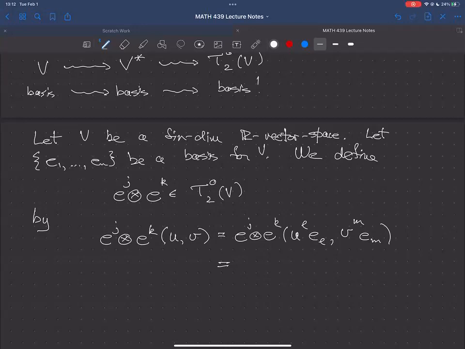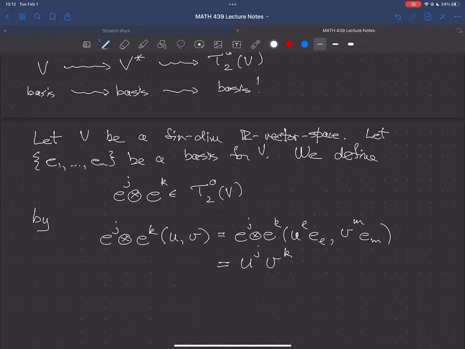It's more or less obviously going to be that E^J picks out the jth component of this one, and E^K picks out the kth component of this one, and multiplies them together. That's the definition of E^J tensor E^K.